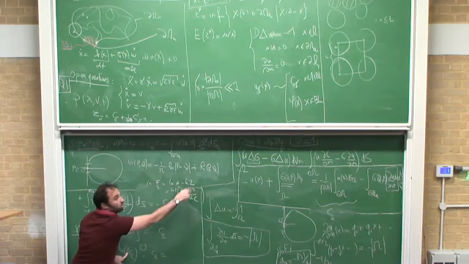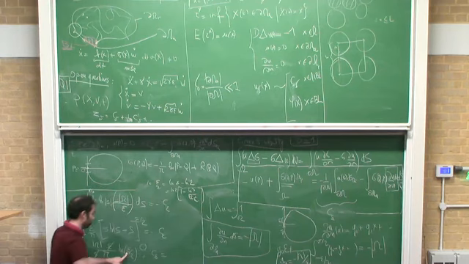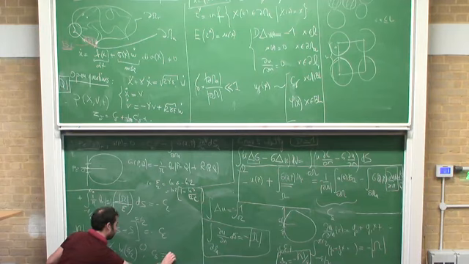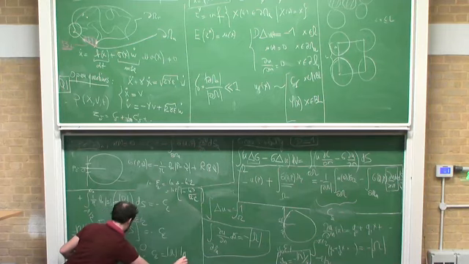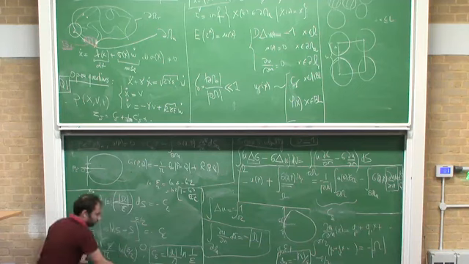So this goes to 0 when epsilon goes to 0. So I don't care about the log of 2. I neglect it. So this is plus omega log of 1 over epsilon divided by pi. Do you agree?